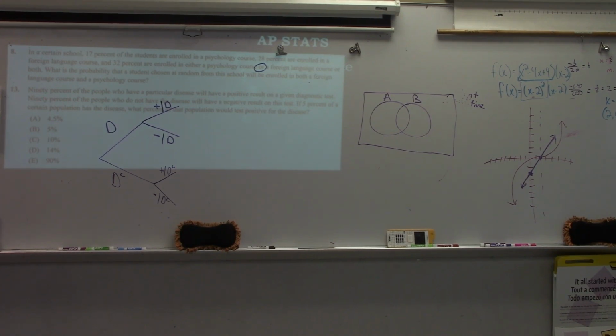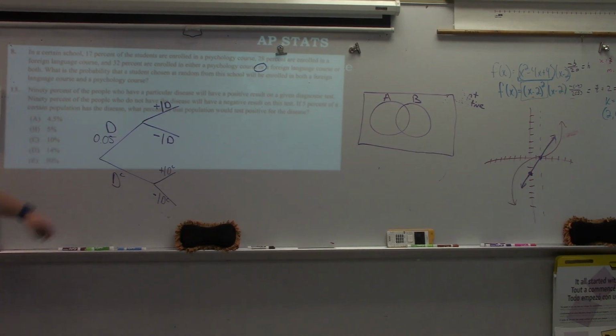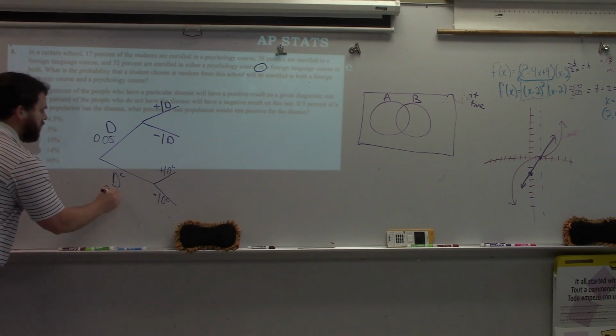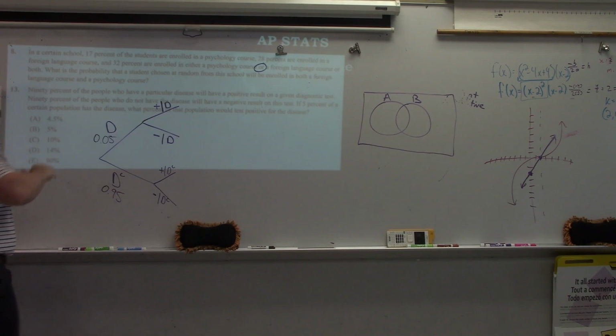So, what's the first bit of information we really need to have? What's going to go in these first branches? How many have the disease? 5% of a certain population has the disease. So how many don't? 0.95. There we go. How many are testing positive given they have the disease? 90% of them, right?